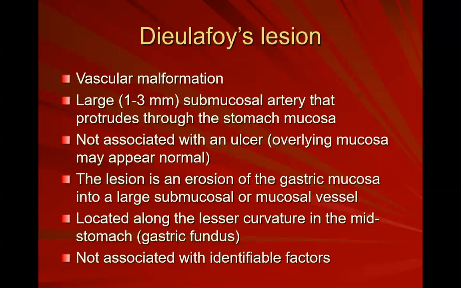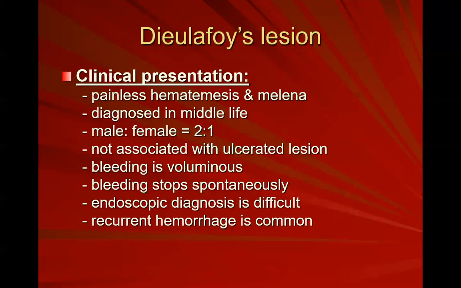So this would signify a Dieulafoy lesion. Again, it's a vascular malformation that is not associated with any identifiable factors. So how do they present? By painless hematemesis or melena.